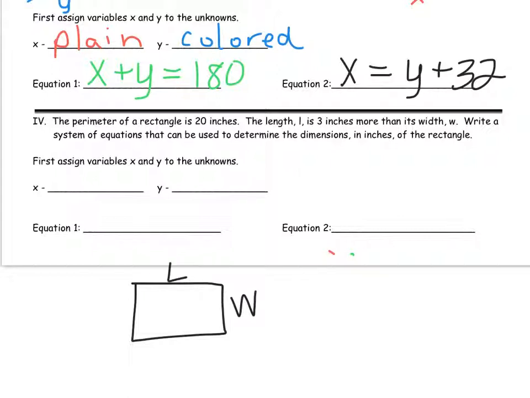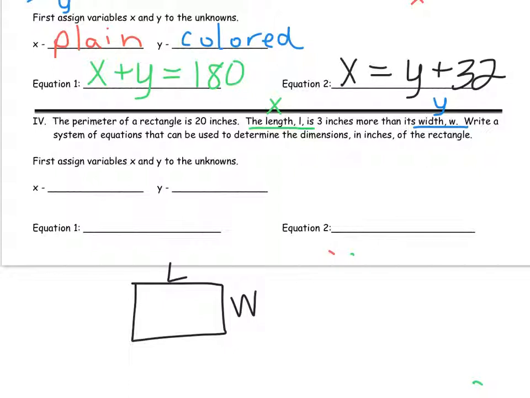So our two unknown variables are to figure out our length and our width. So we're going to say the length is going to be x, and we'll make our width our y value.